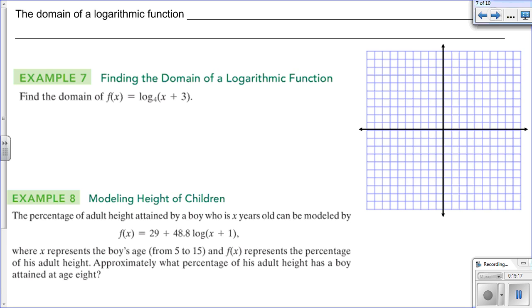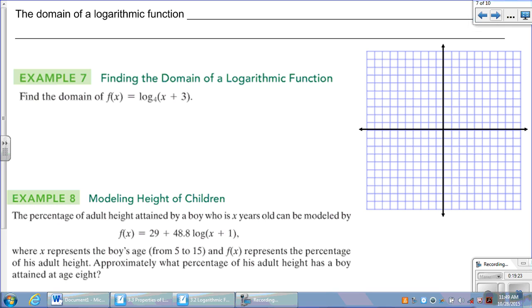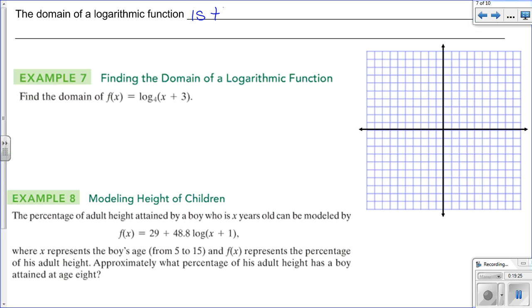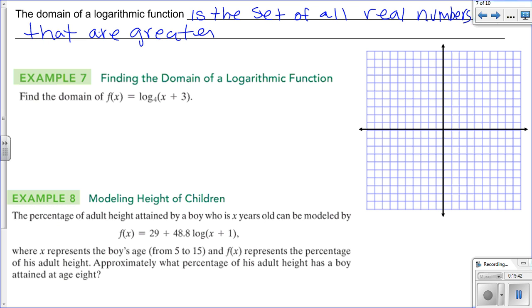So let's look at the next slide. The domain of a logarithmic function is the set of all real numbers that are greater than 0.